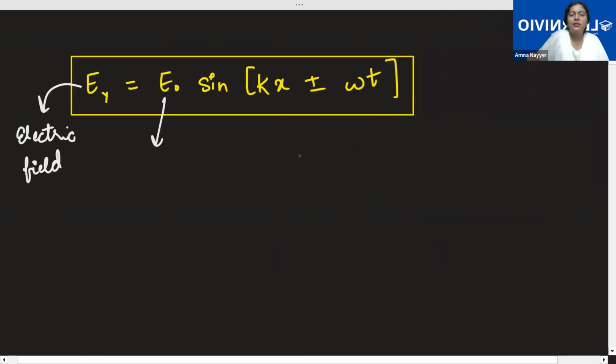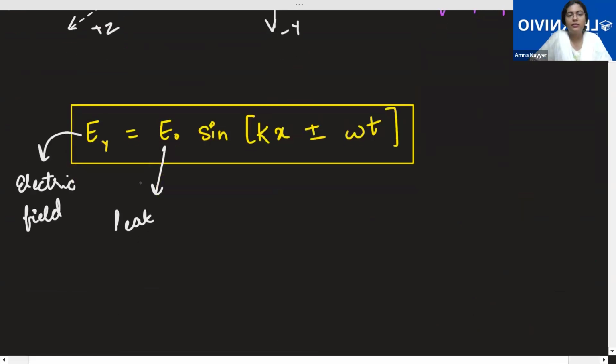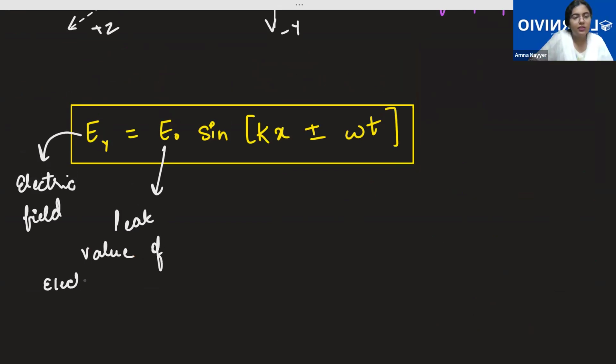So this E naught is actually the peak value of electric field. Okay. Now for sine, this is just your normal function, sine or cosine, anything can be written. Sine can be written, cos can also be written. Okay, I told you this in the last classes.